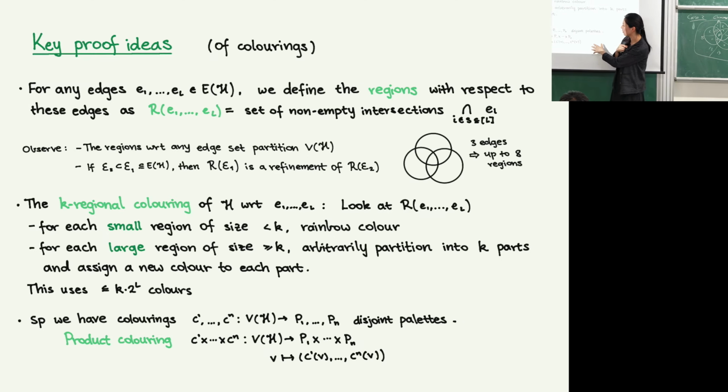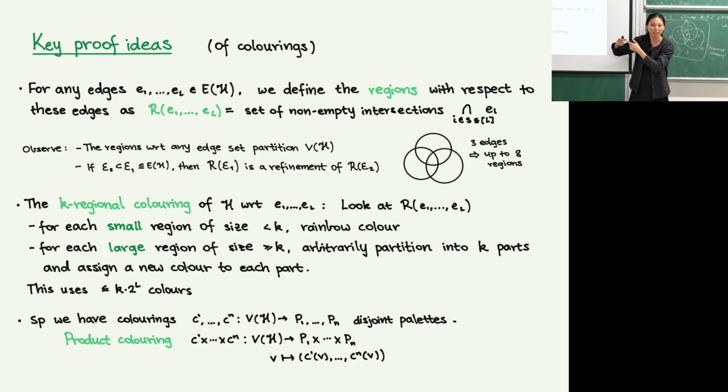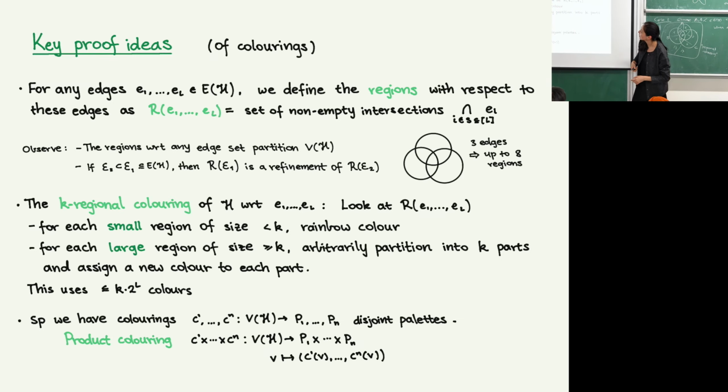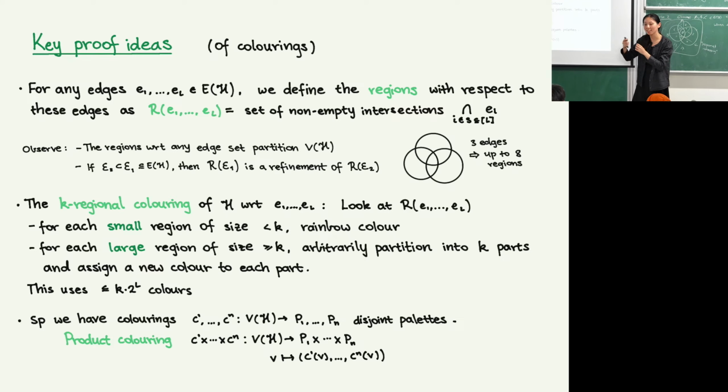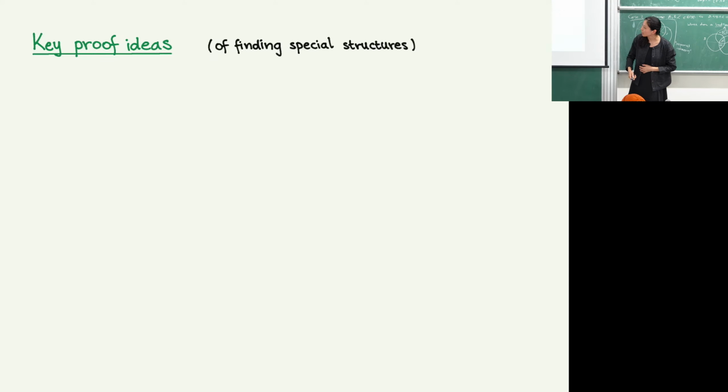And this is quite nice because the number of colors here is easy, it's just the product of the number of colors we had originally. The other thing is, if we want to make sure that we see C colors in the product coloring, it just needs to see a total of C colors across all of the individual colorings. That's kind of good.